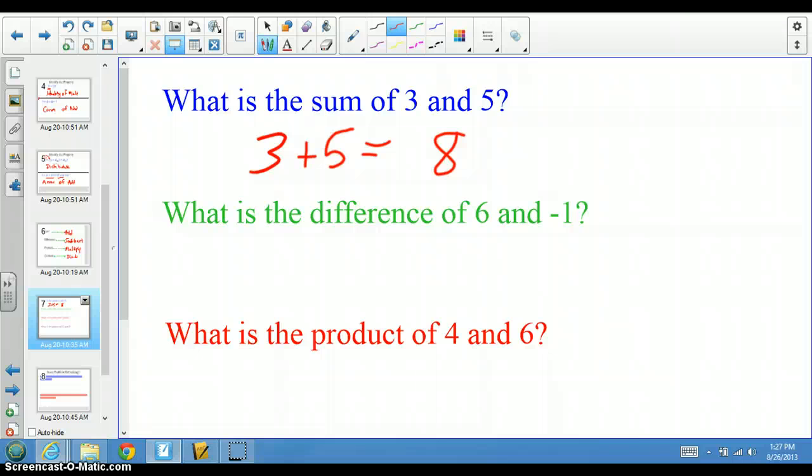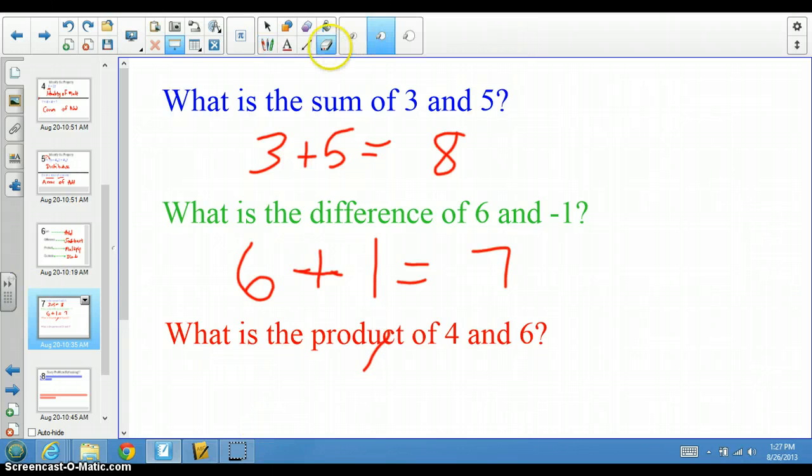What is the difference of 6 and negative 1? Difference means I'm going to subtract. So 6 minus my other number, negative 1. Well, what do you know is two negatives make a positive. So I'd have 7. The next one, what is the product of 4 and 6?